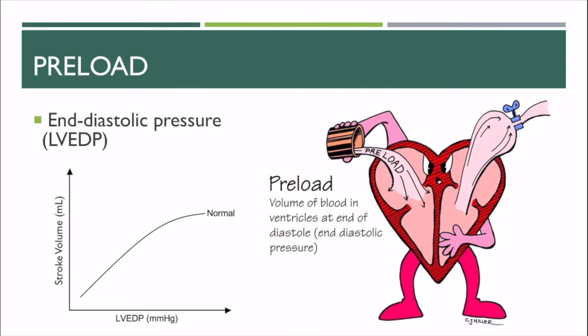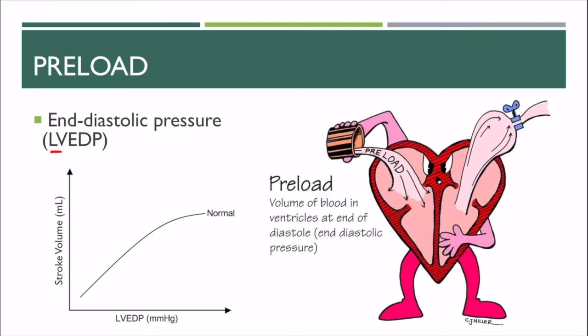So preload can loosely be defined as ventricular filling. Preload is the volume of blood in the ventricle at the end of diastole. How much blood gets in there right before the heart contracts. So we often describe preload as end diastolic pressure, LV, left ventricular end diastolic pressure.